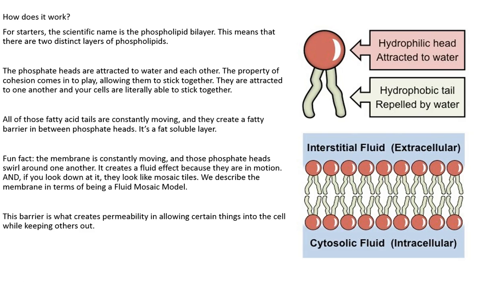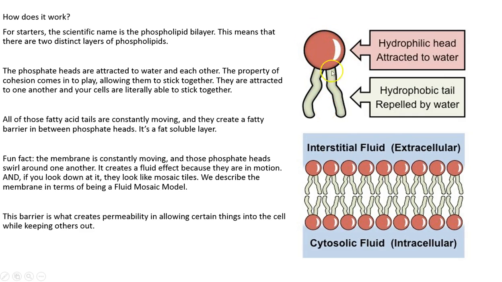Now, I apologize for all the text on this, but my question for it is, how does it work? So let's look over here at the top. The scientific name for the cell membrane or the plasma membrane is a phospholipid bilayer, and what you see right here is a phospholipid.